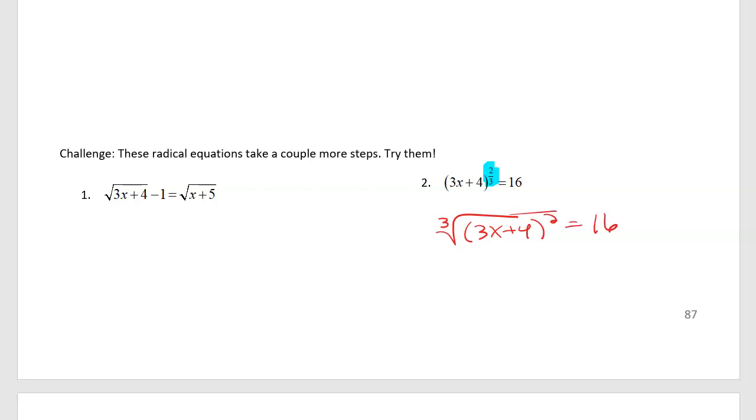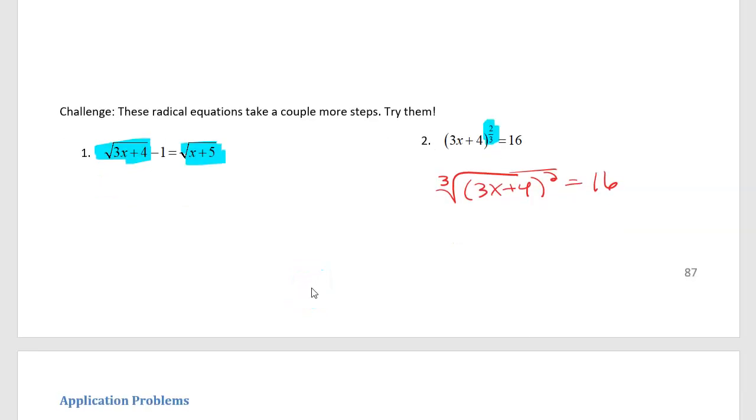So when you have an exponent of 2/3, it is equivalent to the cube root of 3x plus 4 squared. And over here on number 1, you have a radical on both sides. That's a little bit more of a challenge, and you have a lot of algebra you have to get through to do those, but give it a try and see how you did.